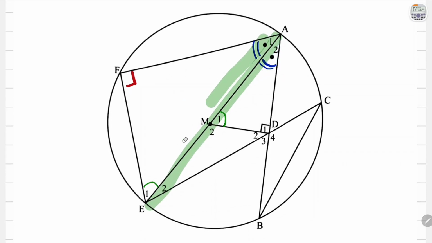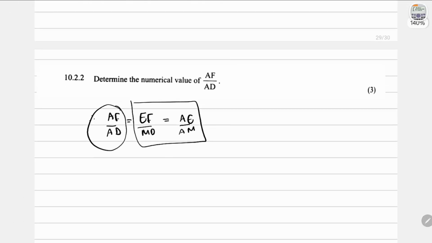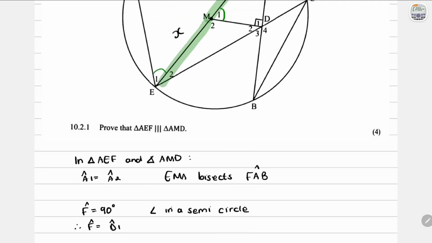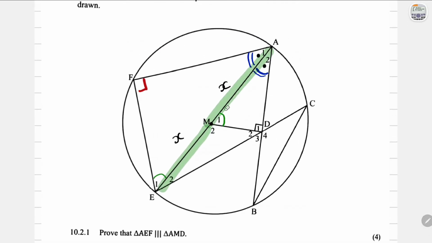Here's the thing. Do you see that AE is a diameter? And from the center to the circumference is AM. Center to the circumference is ME. So why don't we just associate a specific letter to the radius? Let's call MA, for example, X. If that's called X, because this is also a radius, it should be X as well. So let AM be equal to X. Because they're both equal radii, AM is equal to EM.